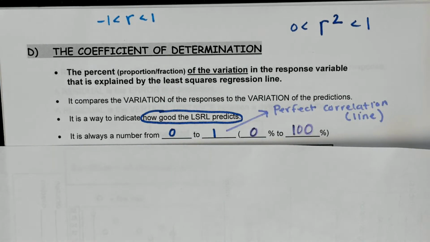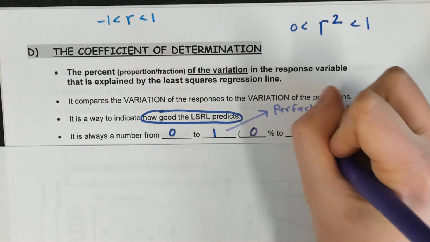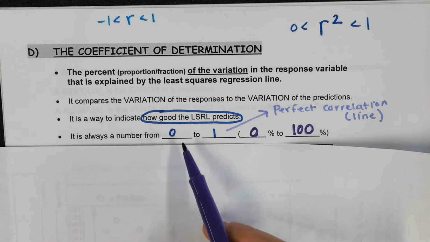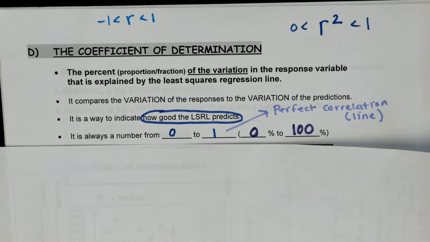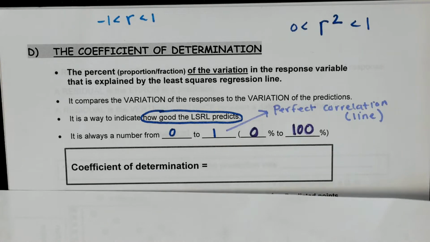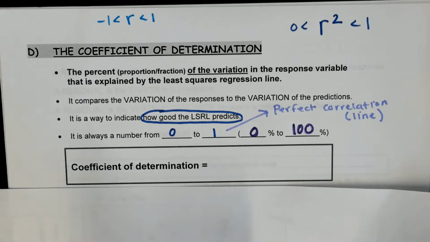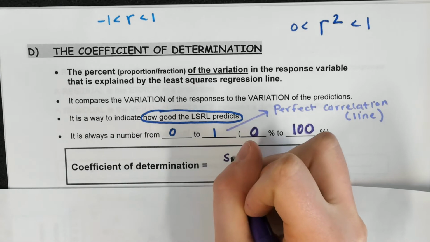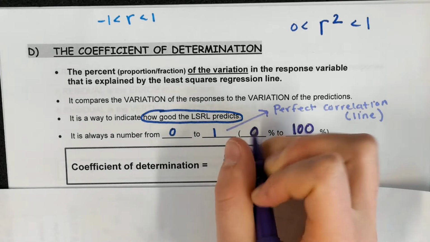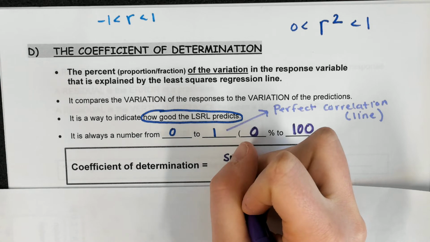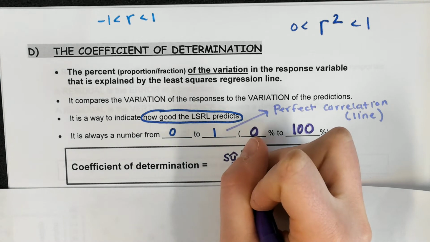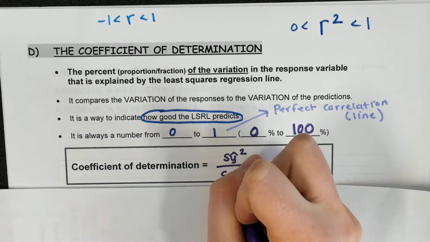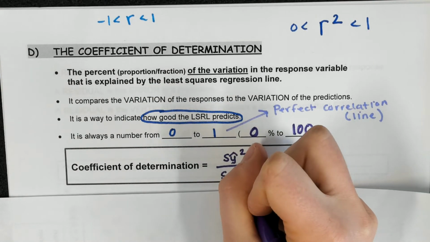That pen is terrible. Alright, so really just how good is this line? 0 to 1, how good is this line? The coefficient of determination is just this formula, and we already said it's r squared. All it is, we take the standard deviations of our y hats, square those, over the standard deviation of our y's squared.